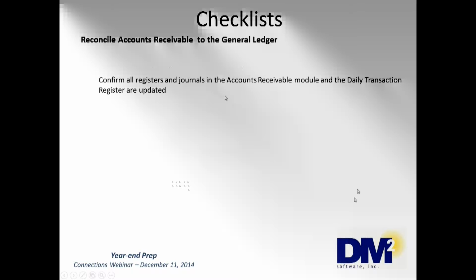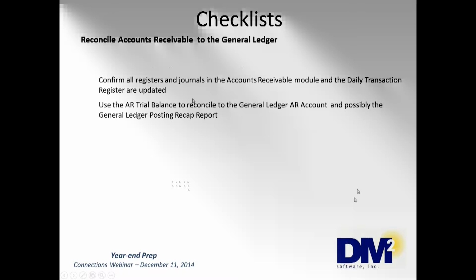Any accounts receivable transactions, registers, and journals have been updated, and the daily transaction register has been updated. Then print the trial balance or use the trial balance to reconcile to your AR GL control account or accounts. And if you need to go a step further, you can also look at the GL posting recap report that's located on the AR trial balance, or the accounts receivable reporting menu.